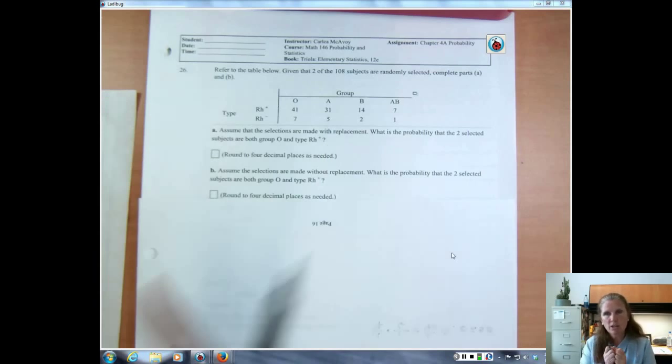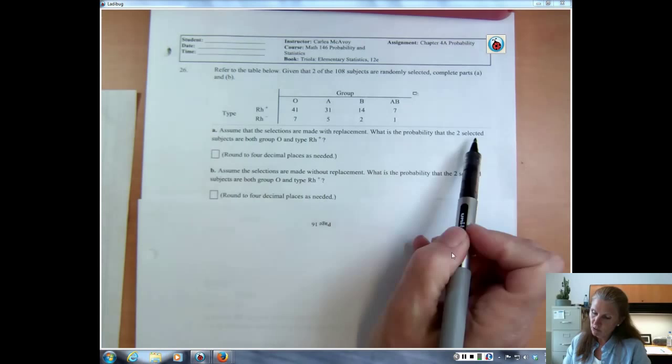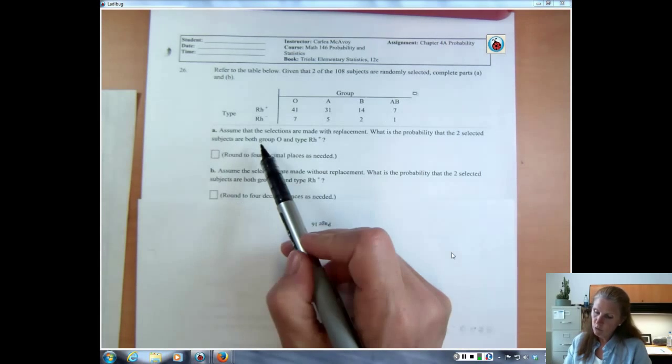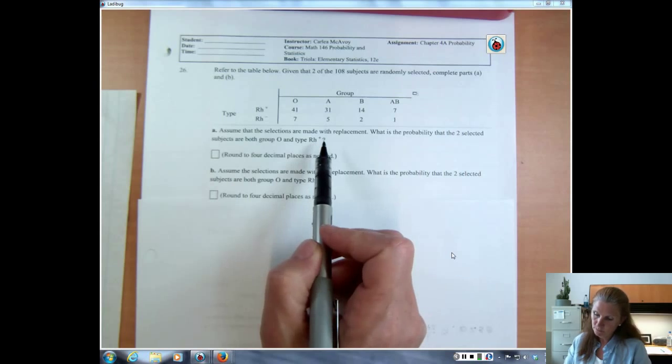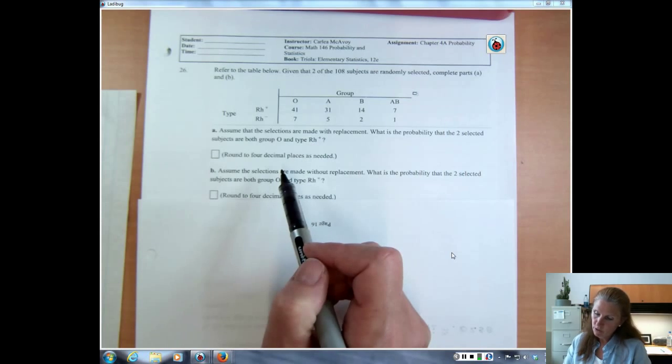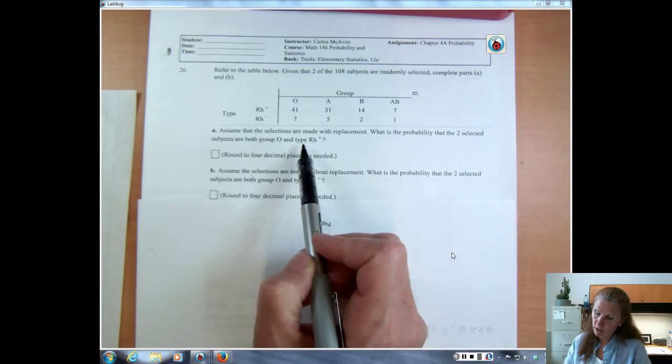We pick somebody out of the group, we put them back in. That means it's 108 people every time, right? Because I put them back in. What is the probability that the 2 selected subjects are both group O and type Rh positive?